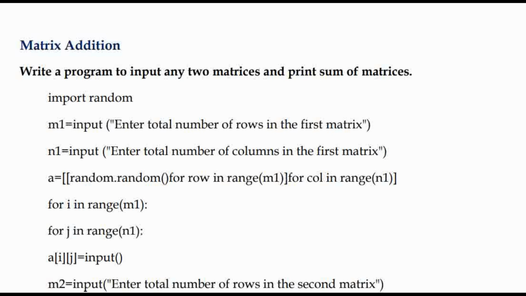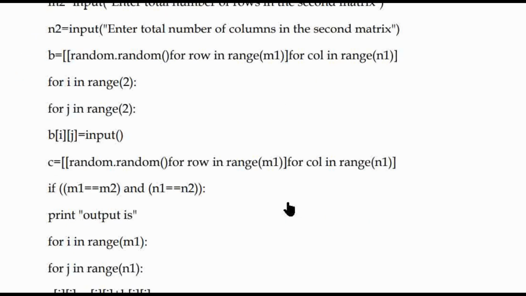M2 equal to input, enter total number of rows in the second matrix. N2 input, enter total number of columns in the second matrix. B is equal to random.random function for row in range M1, for col in range N1, for I in range M2, for J in range N2, B[i][j] equal to input function.